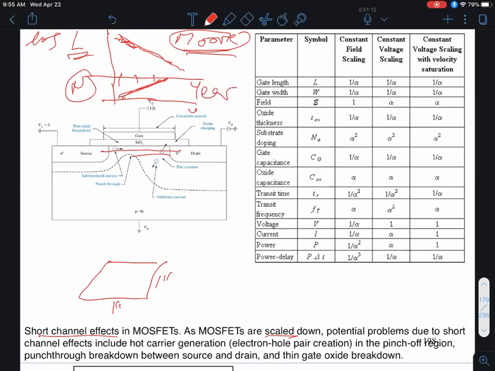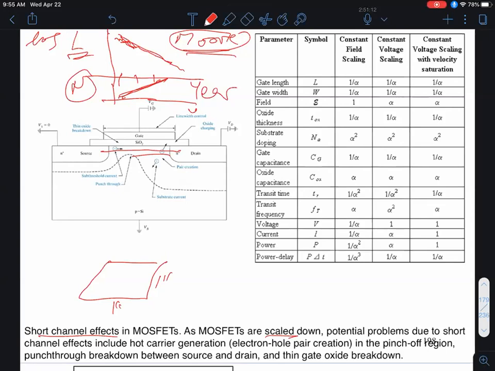If I make my channel length shorter, would the transit time be shorter or longer? Obviously, it'll be shorter, right? And what do you think would happen to the frequency of performance then? It should go up, right? So you can cram in more transistors and the frequency of the devices could go up.